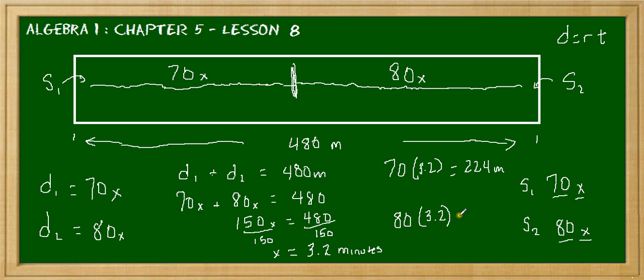And this one would have been 256 meters. And so that's the actual distance here. 224 meters. And this was 256 meters. And if you add these two, you'll realize that they equal 480, right? Add them together, and it's 480. So that would have been just our check point, so to speak.